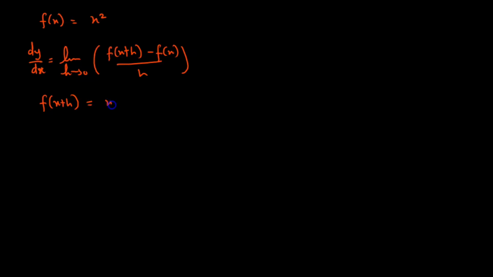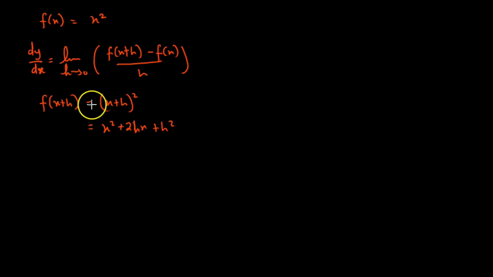So we have (x+h) all squared. Now we can simplify it before we substitute, and that will give us x squared plus 2xh, or 2hx, plus h squared.